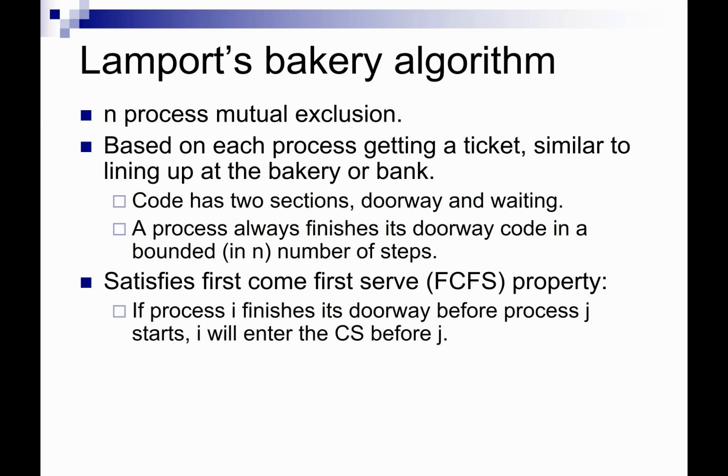But if I comes well before J, like if I'm completely inside of the bakery and I got my ticket, and then somebody else comes, then that guy's not going to get his stuff ahead of me.